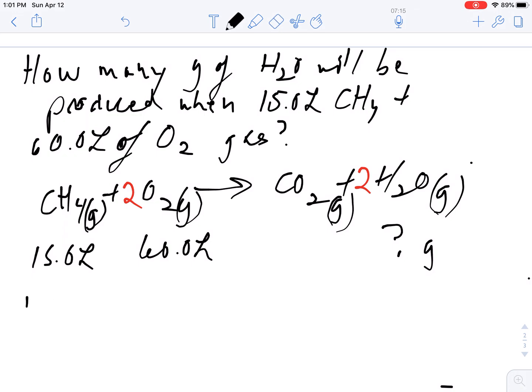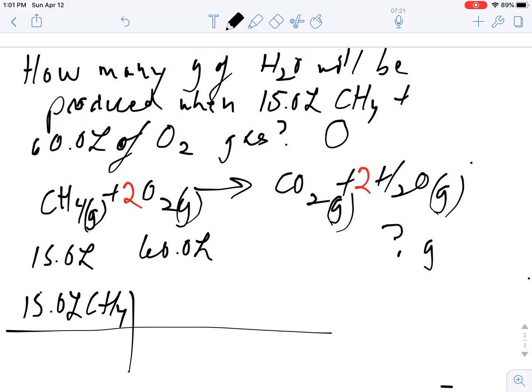And I've got 15 liters of methane. I'm going to do this at STP because I want to make the problem easier. Okay? So if I'm at STP, I know that 22.4 liters is 1 mole. Okay? So I do that to get to my moles of methane.